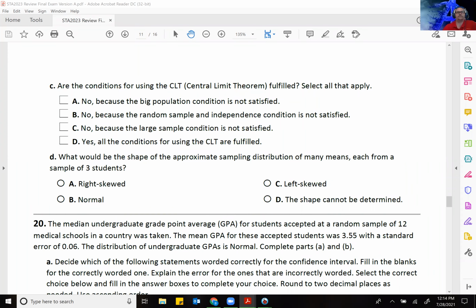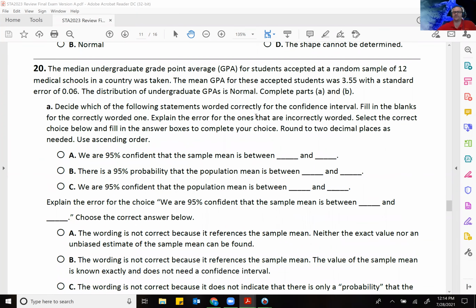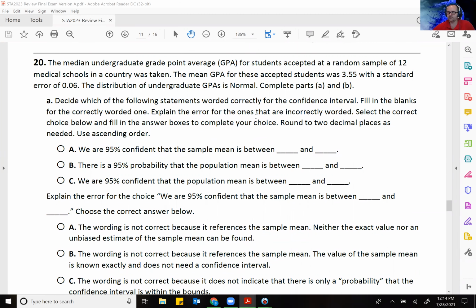All right. We're almost there. We're at number 20. Yay! All right, number 20, confidence intervals. So the median undergraduate grade point average for students accepted at a random sample of 12 medical schools in the country was taken.